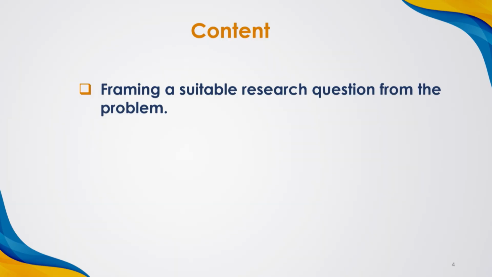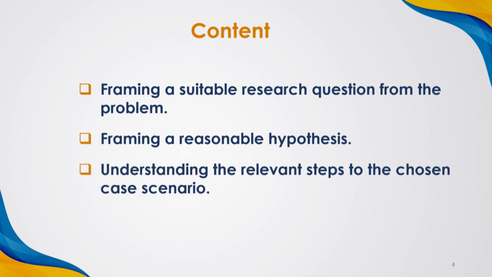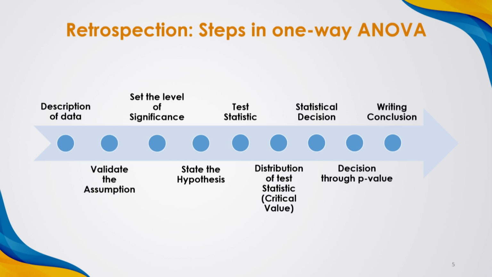In this particular part, we will discuss the problem statement and framing hypothesis for one-way ANOVA. Now, we will discuss framing a suitable research question from the problem, framing a reasonable hypothesis, and understanding the relevant steps to the chosen case scenario.